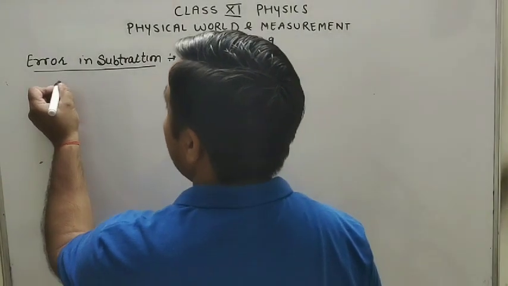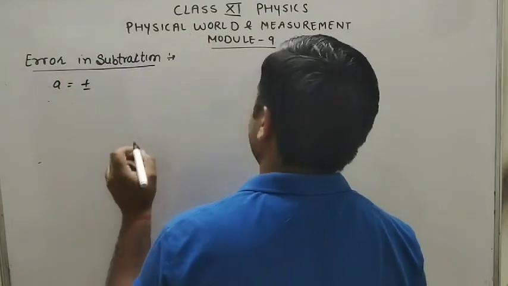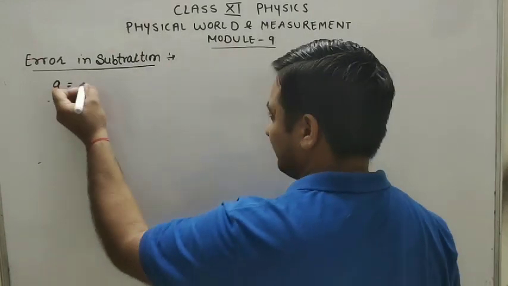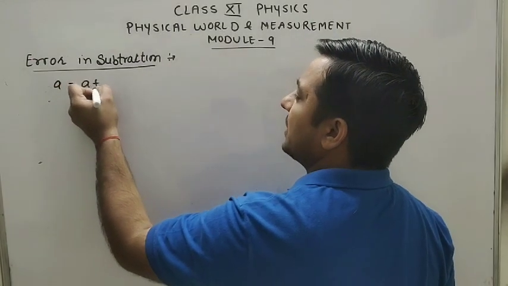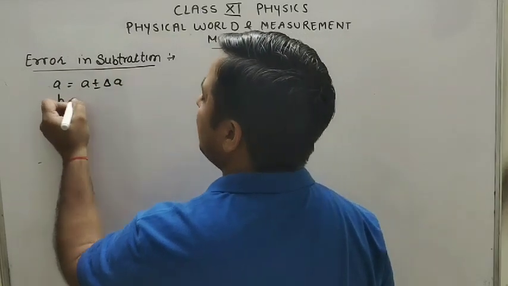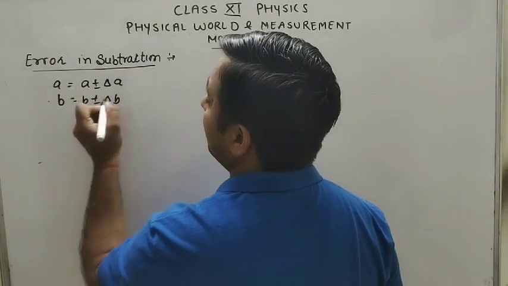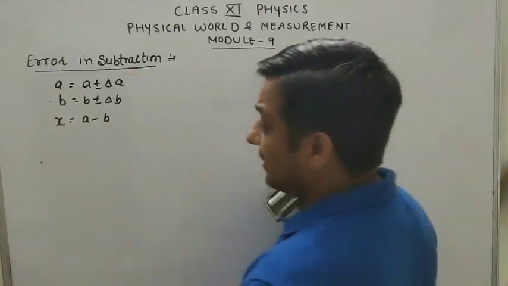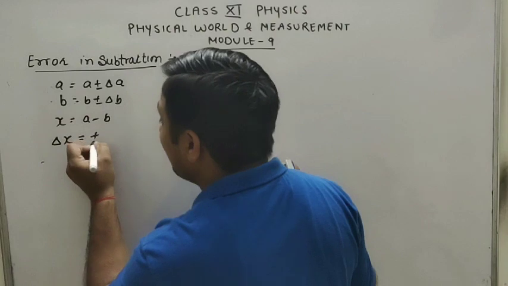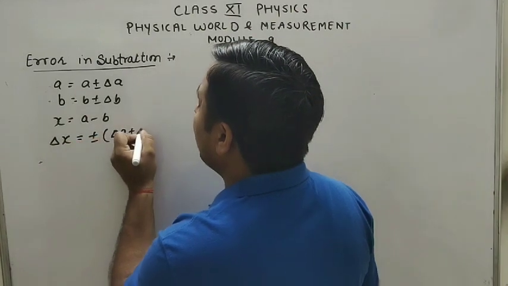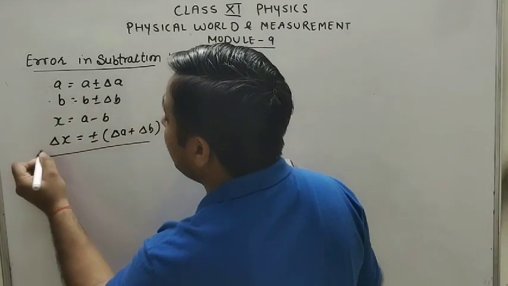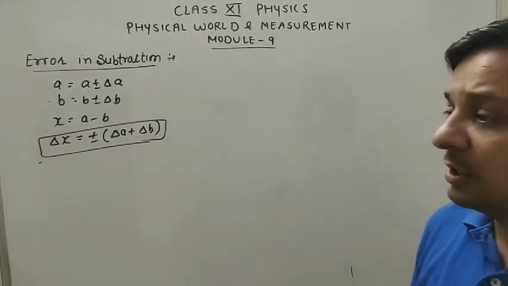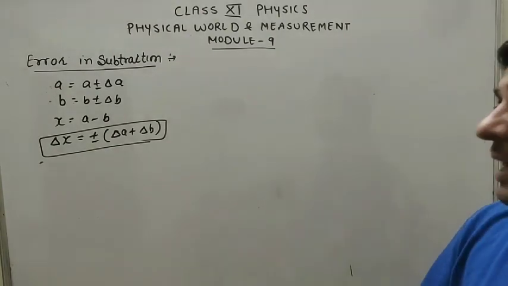Suppose a is a plus minus delta a and b is b plus minus delta b and x is equal to a minus b. Then the error is delta x equal to plus minus (delta a plus delta b). So in case of addition as well as subtraction, both the errors will be added.